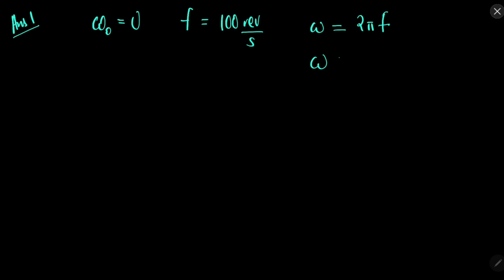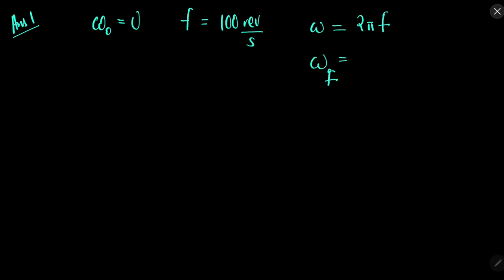So the first one, what do we have? We have initial angular velocity 0, then frequency is 100 revolutions per second, and we know that omega, the angular velocity, can be 2 pi f. So omega will be the final angular velocity.